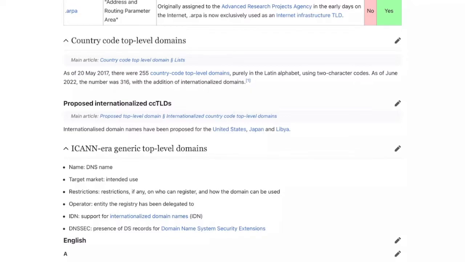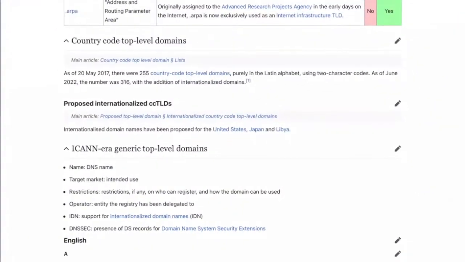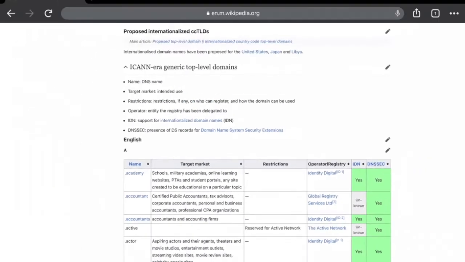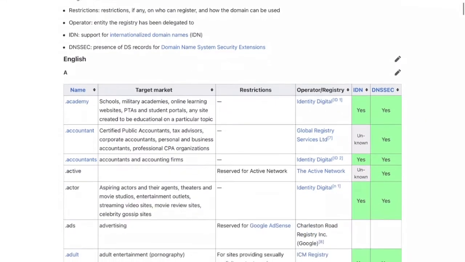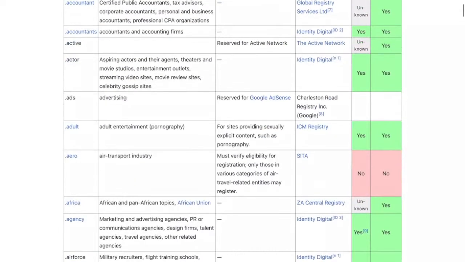.jp is for Japan, .uk for United Kingdom, DE for Germany, something like that. We have hundreds of top-level domains. But currently we have even more top-level domains, but we seldom use them because no one wants to use them.